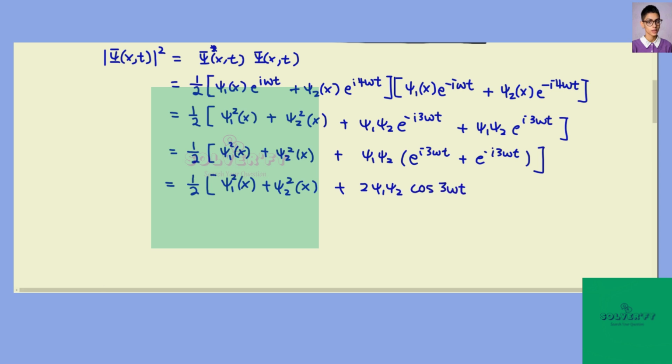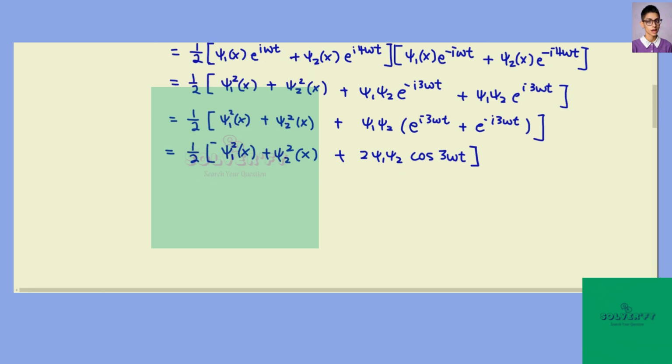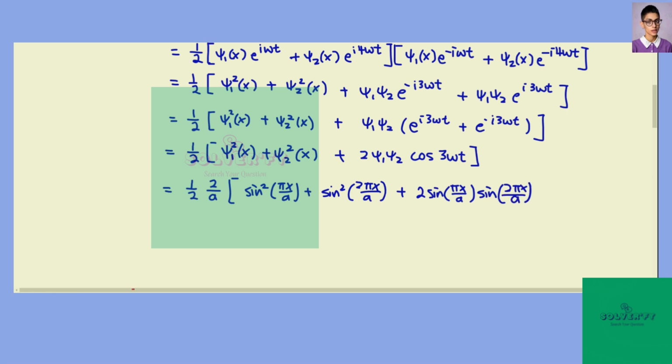Cosine 3 omega t. Okay, and if you want to substitute the functions inside here, so you have half times, so there's a 2 over a outside, and then sine square pi x over a plus sine square 2 pi x over a plus 2 sine pi x over a sine 2 pi x over a cosine 3 omega t.